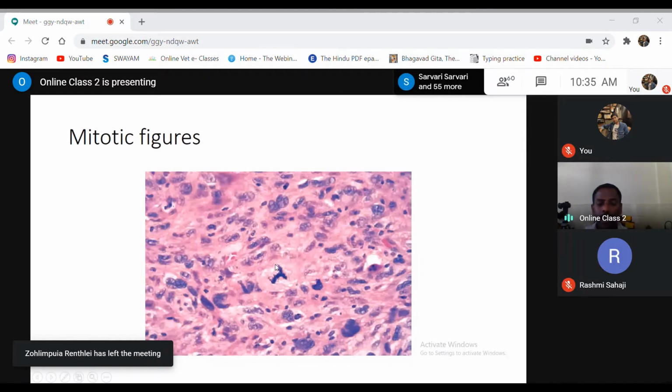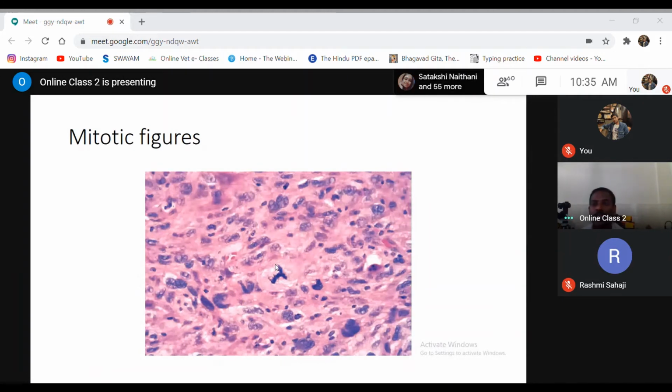These mitotic figures basically denote the replicative potential of the cells. In cells showing a proliferative nature, with more proliferation, the number of mitotic figures is more. Naturally, malignant tumors are highly proliferative.